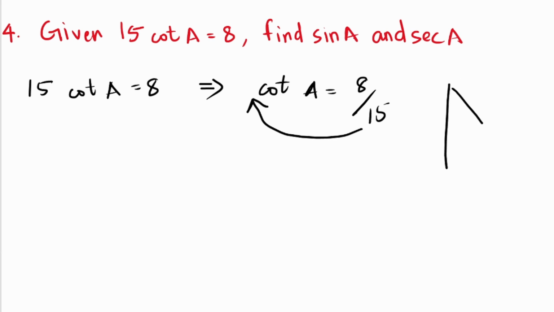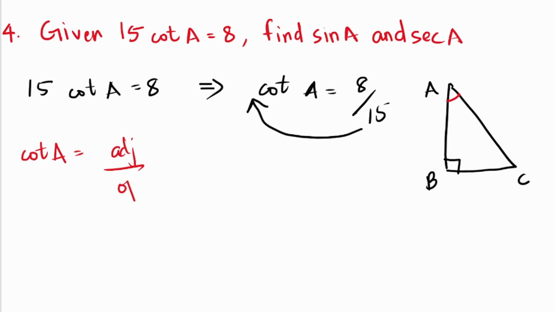So let's draw the triangle again. Angle A, then angle B, then C. This is 90 degrees over here, and this is your angle A, right? Cot A formula is adjacent side by opposite side.